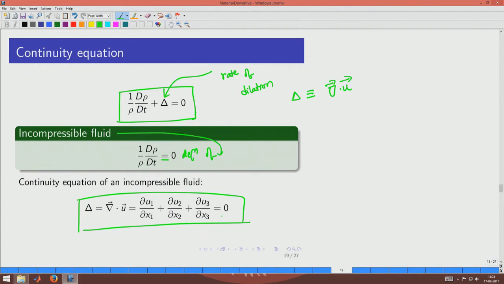So you could also define an incompressible fluid as that fluid for which the divergence of the velocity field is 0, or the material derivative of density is 0. One of the two, because they are anyway connected by the continuity equation, which is a mass balance statement that is applicable whether the fluid is incompressible or not.